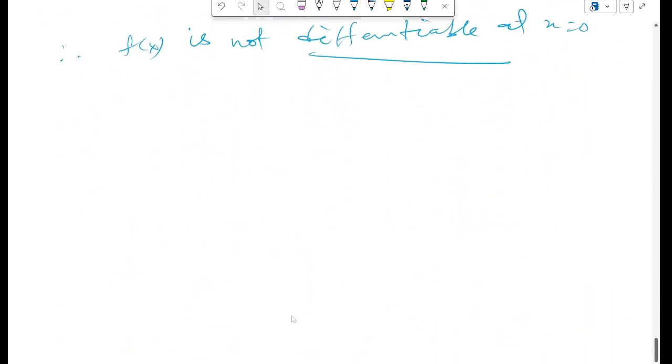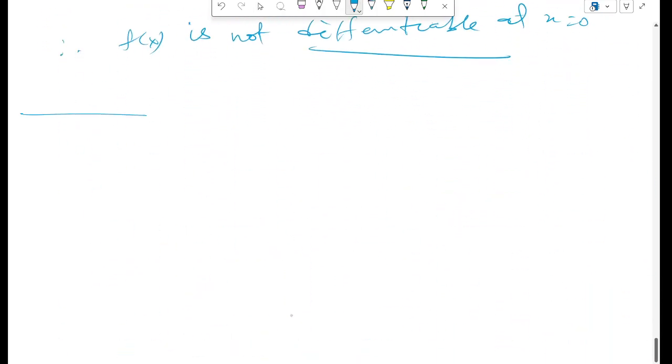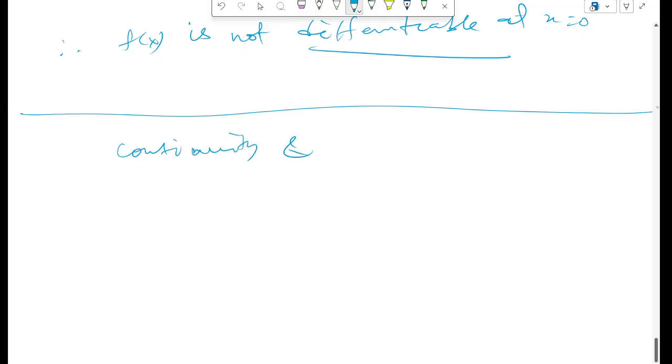Now, these were simple examples, but to understand the topic, you have to practice a lot. Without practicing, you may think that you understood the topic, but in complicated problems, you will get stuck if you have not practiced well. So you have to practice a lot of problems on continuity and differentiability.